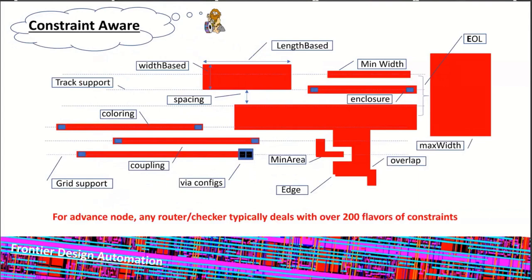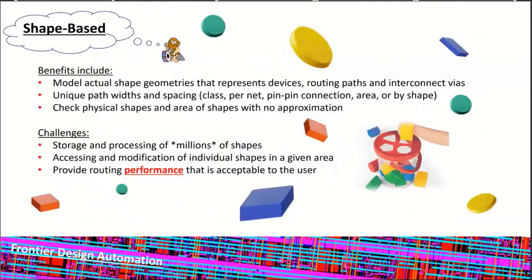For any advanced node design, the router checker typically deals with at least 200 flavors of constraints. So the router needs to be aware of all these constraints as you're routing. The benefits of having a shape-based router is you actually model the shape geometries that represent the devices, the paths, the interconnect vias.